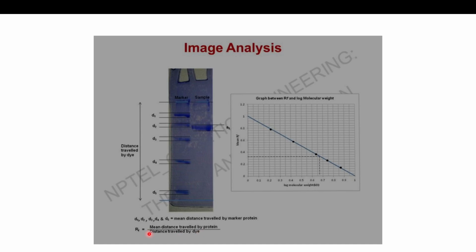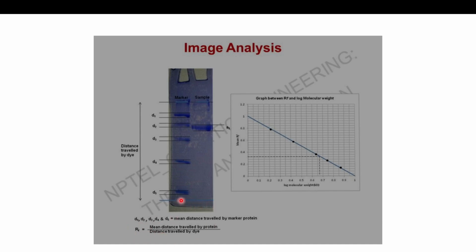So what you do is you calculate this particular value, which is the ratio of the distance traveled by the protein of your interest, your sample, divided by the distance traveled by the dye. The dye means the bromophenol blue or the tracking dye we have been talking about. The tracking dye will form a dye front here. So with reference to that dye, how far your sample has moved, we can calculate the ratio.